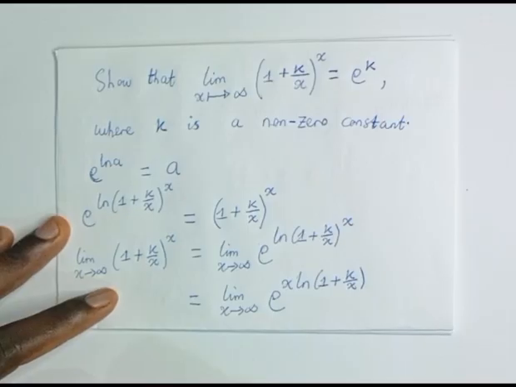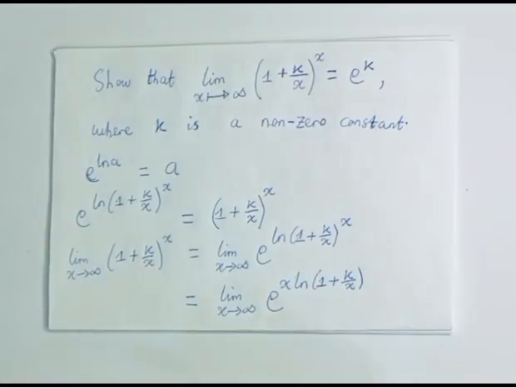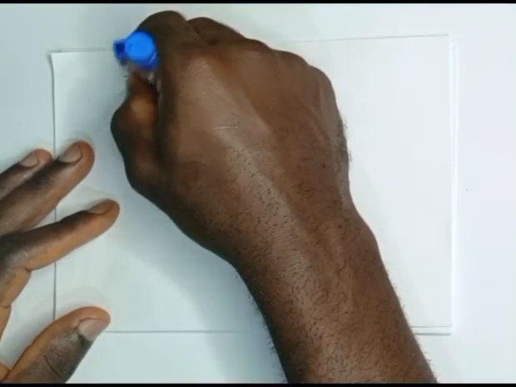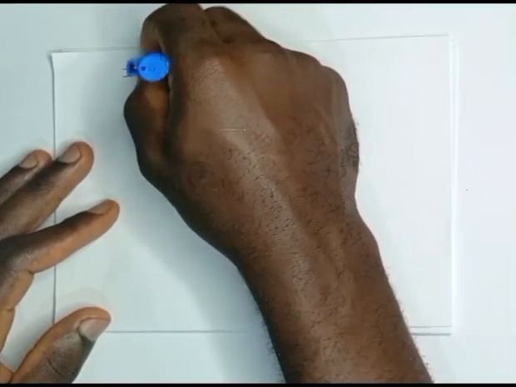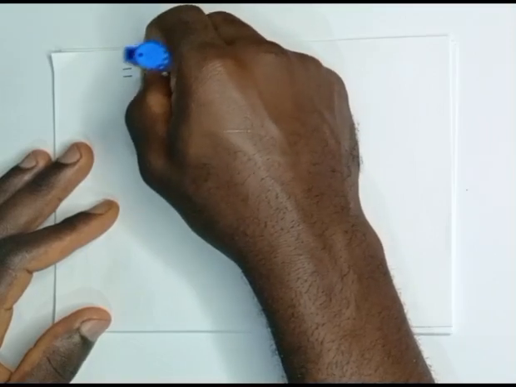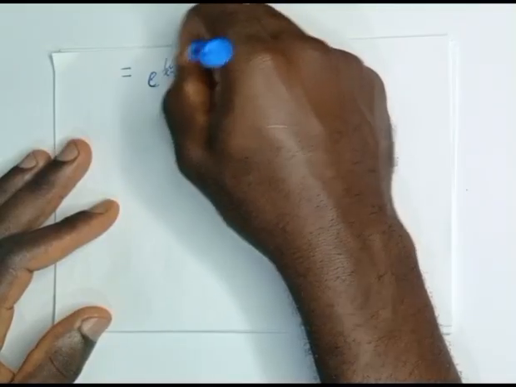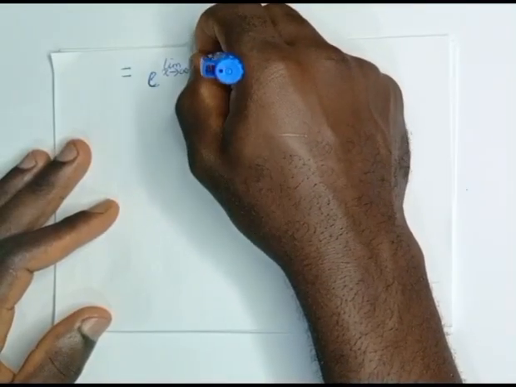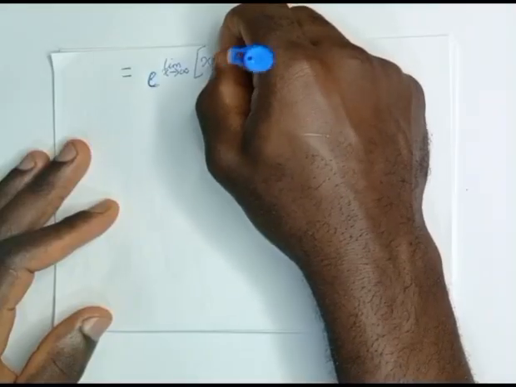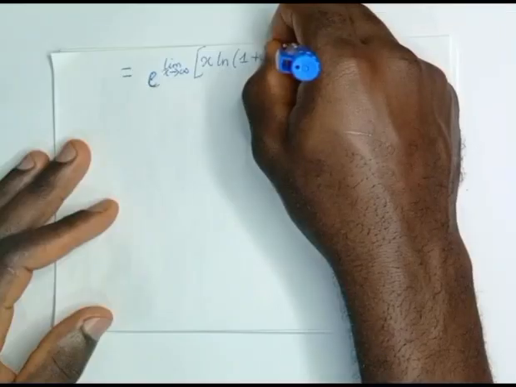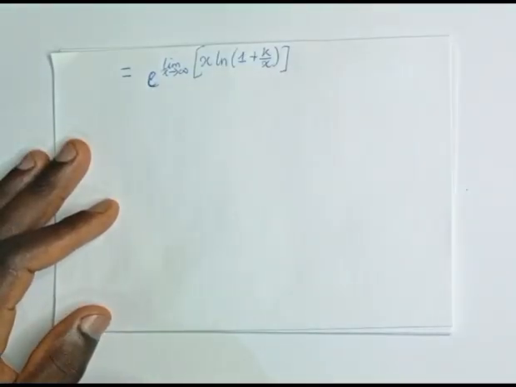Now, by applying the properties of limits, this will simply be equal to e raised to the power, the limit as x tends to infinity of x times ln(1 plus k over x).